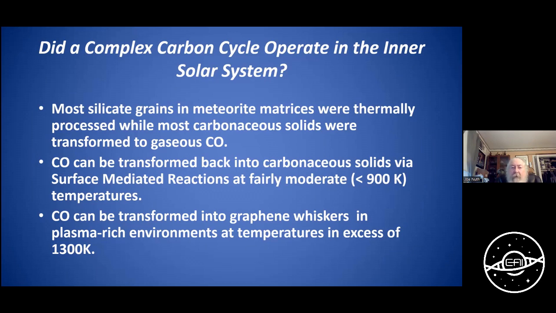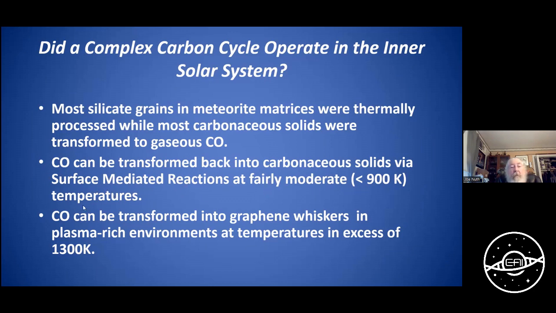So that meant that the silicate grains, which were intimately mixed with the carbonaceous grains, were processed to high temperatures. Those carbon monoxide grains processed to high temperatures in the midst of silicates. Basically, they reduced the silicates and were oxidized to carbon monoxide, possibly CO2, at these reasonable temperatures.